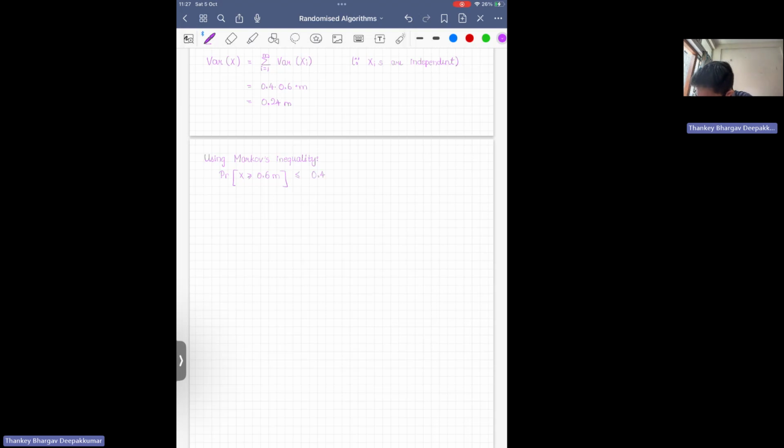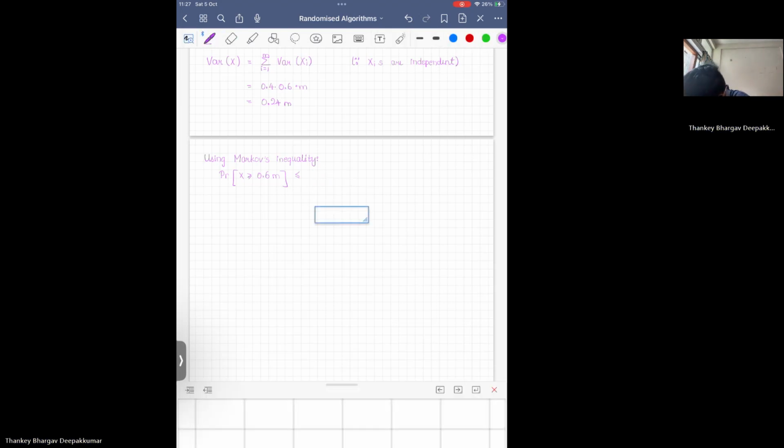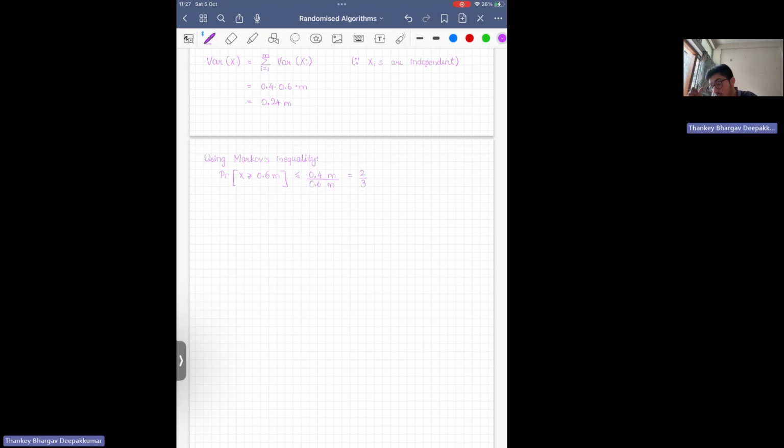The expected value is at most 0.4 m. So over here, notice that m did not play any role in this bound. So it doesn't matter how many times you repeat, the success probability would never be more than 1 over 3.